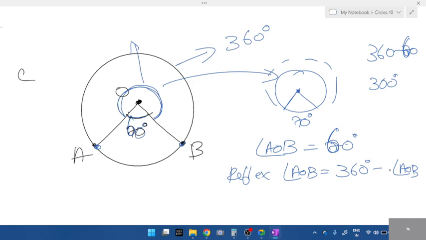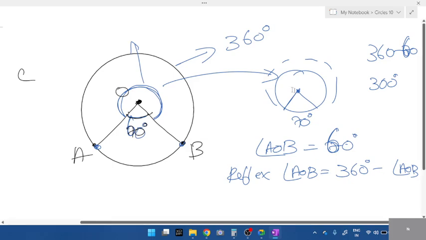So both put together is 360 degrees. Completed? All of you understood what is reflex angle?